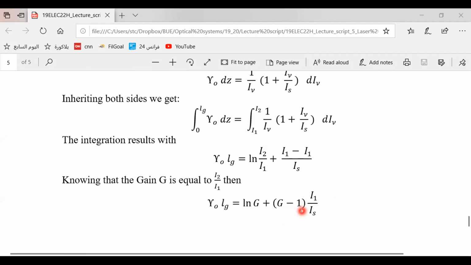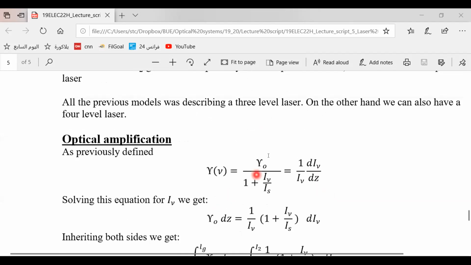What is interesting in this equation is that we have five important terms. Gamma naught, which is the starting gain. Again, please remember, gamma naught is the gain at which the intensity is equal to 0. When the intensity is equal to 0, you will have gain equals gamma naught, which is the first gain coefficient you will see just after entering the cavity.